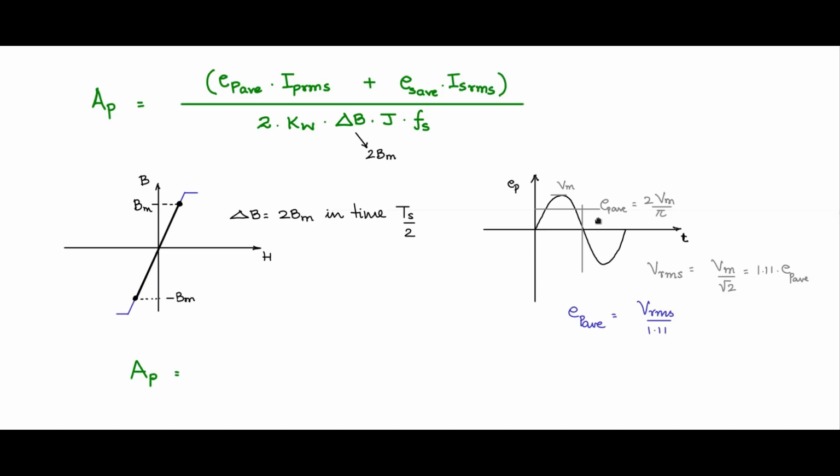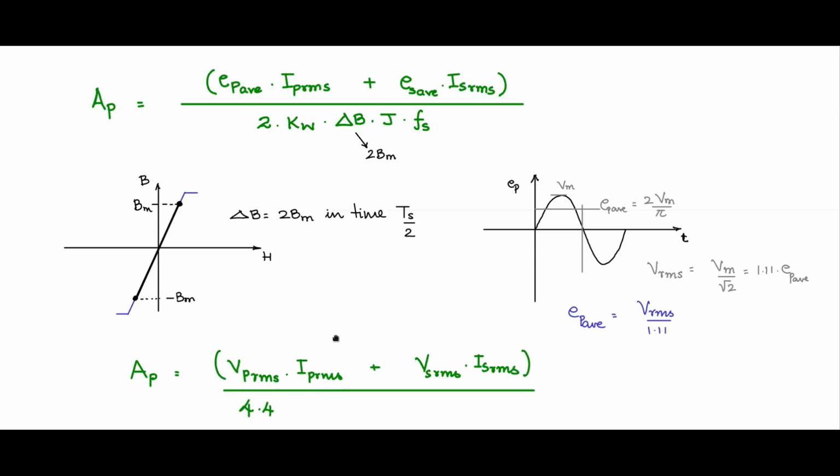So AP is V primary RMS into I primary RMS plus V secondary RMS into I secondary RMS, divided by 4.44. How does 4.44 come? This is 1.11 because this is V RMS by 1.11. There is another V secondary RMS by 1.11 that will get taken common and come down, which will become 2.22.